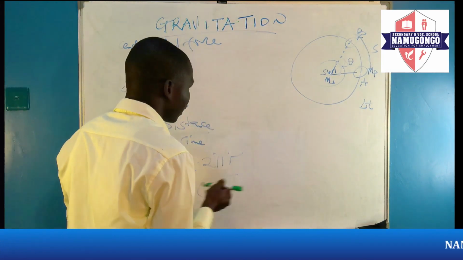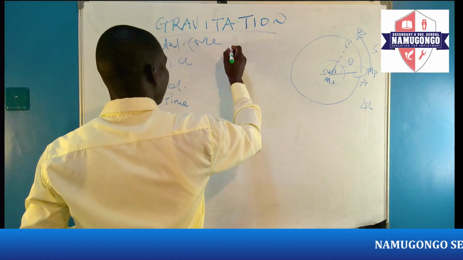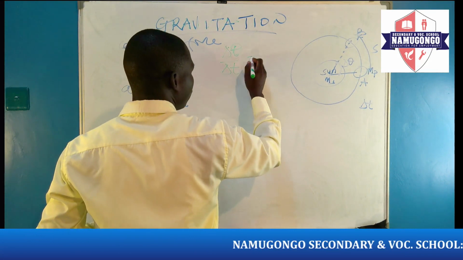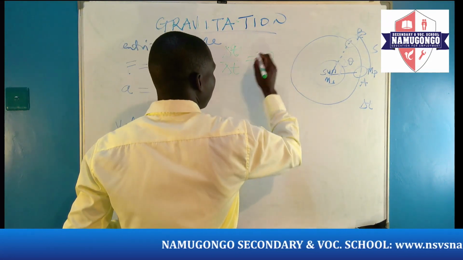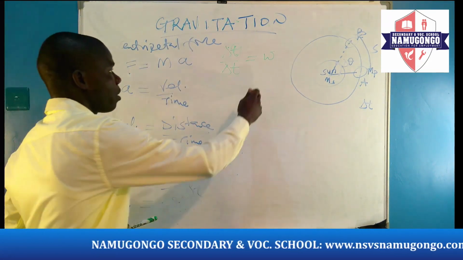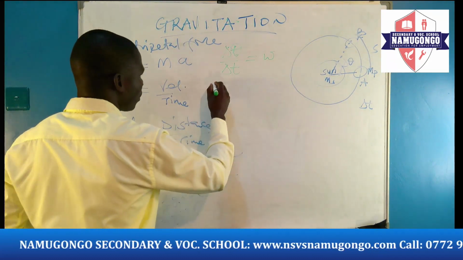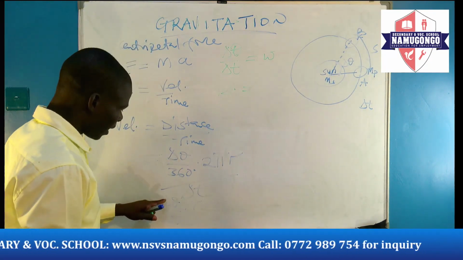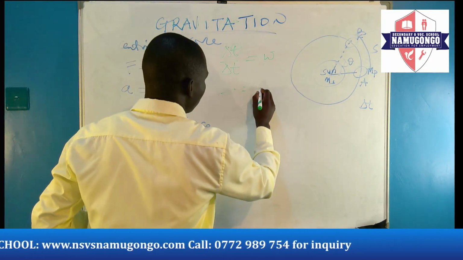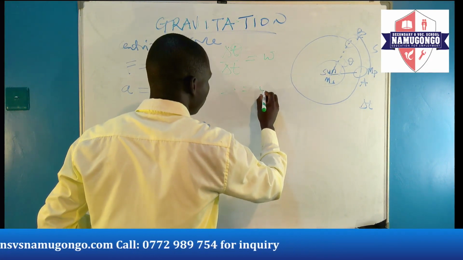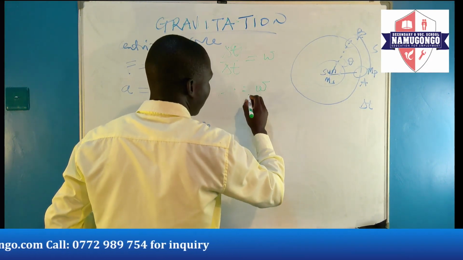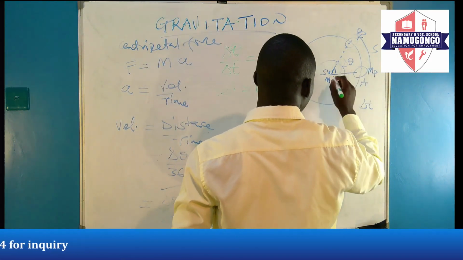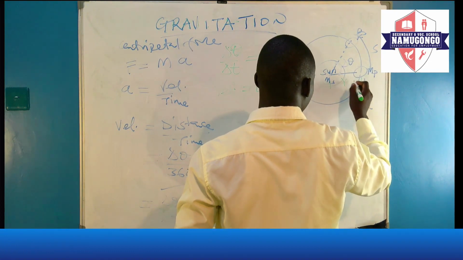Delta theta over delta t is angular velocity, denoted by the symbol omega. Therefore, velocity in this case can be expressed as delta theta out of delta t, which is omega, times r, where r is the distance between the planet and the sun. R is here, this distance.